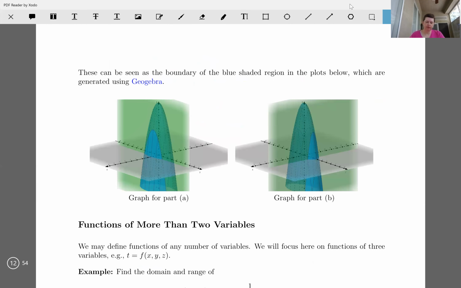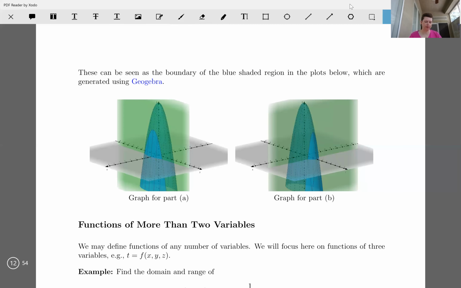So our surface is the three-dimensional thing, the plane is intersecting it, and then the outline of that blue shaded region gives us our trace.